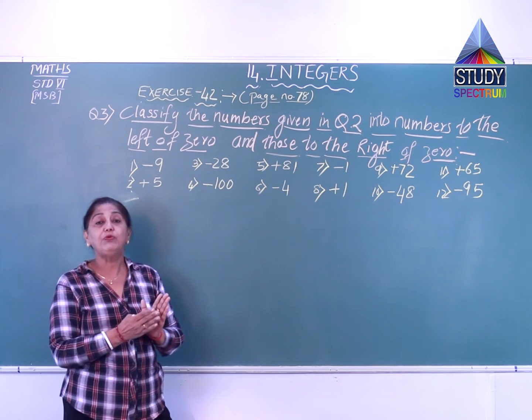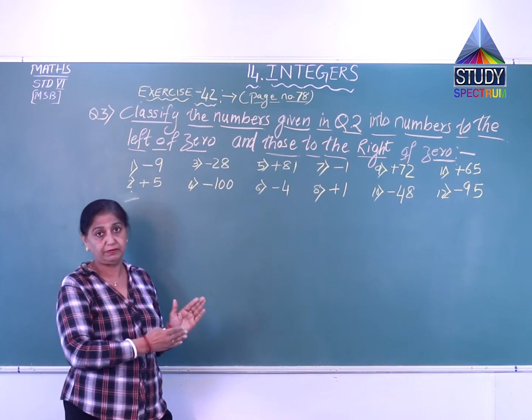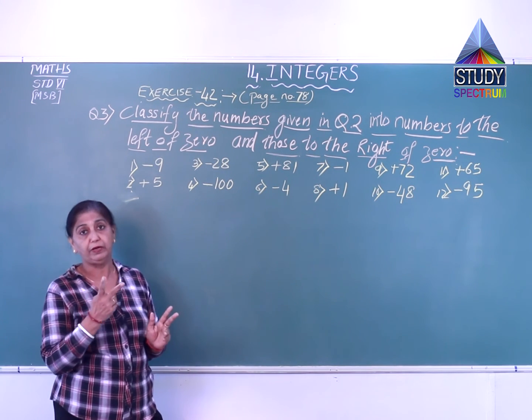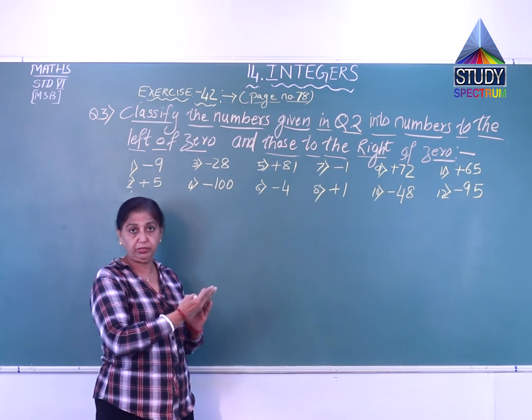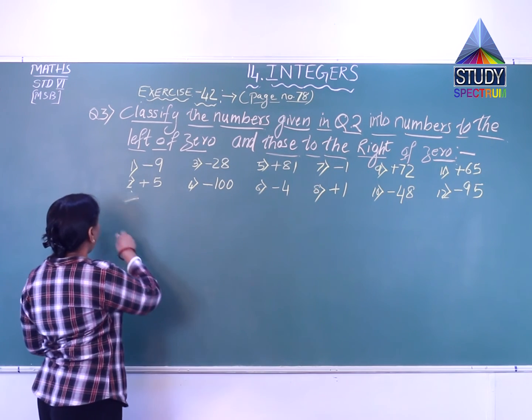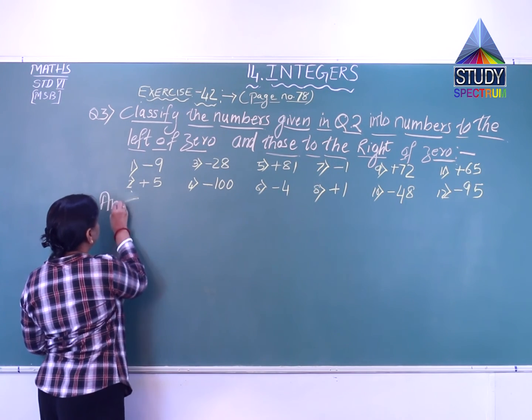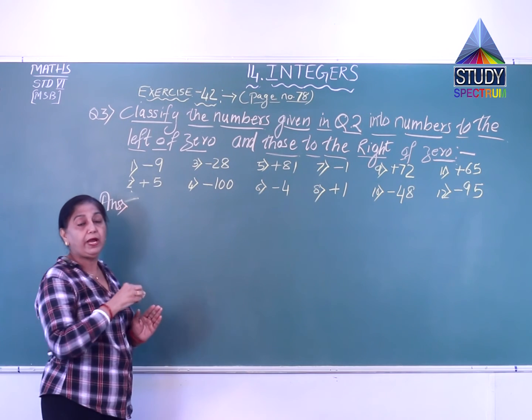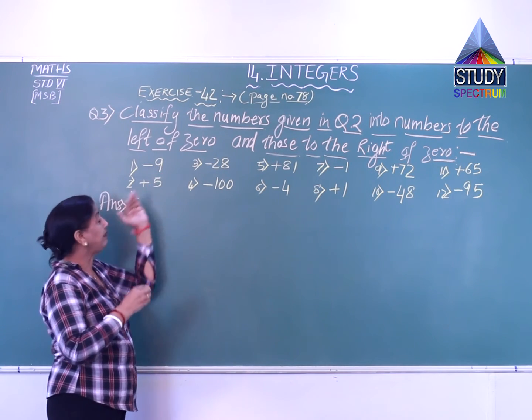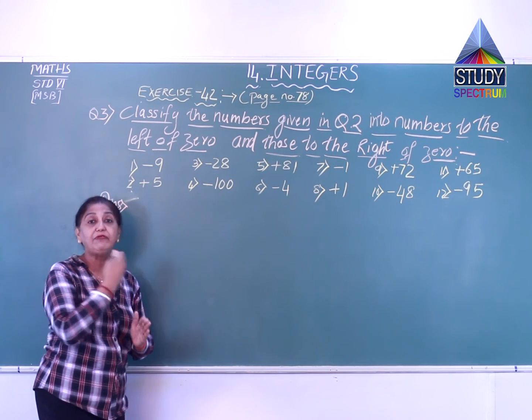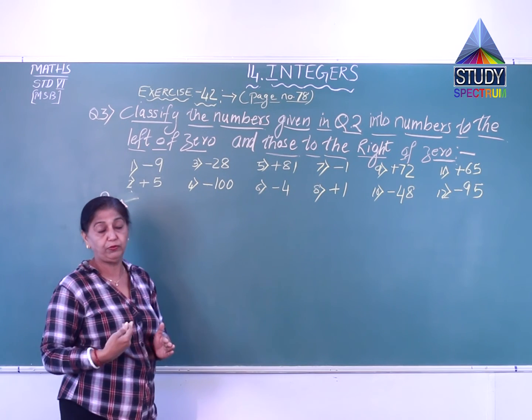The answer of this question you can write in two ways. Either you can write individually like this. Now I have to say that minus 9, whether it comes to the left of origin or right of origin.